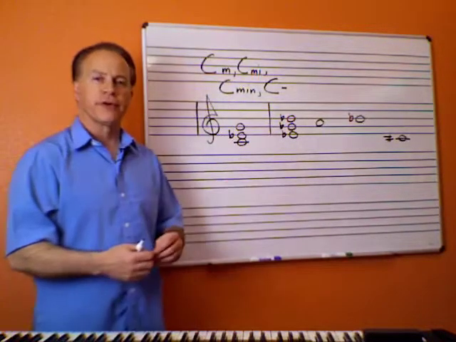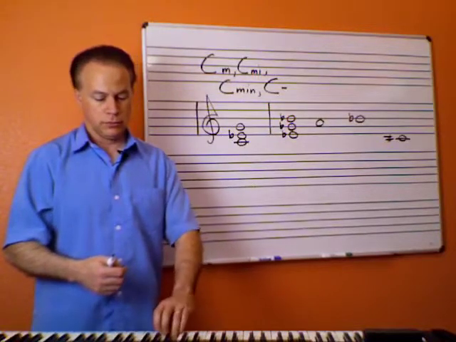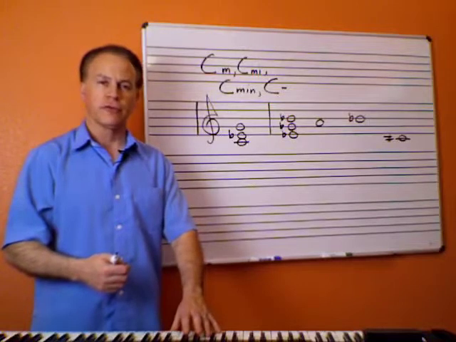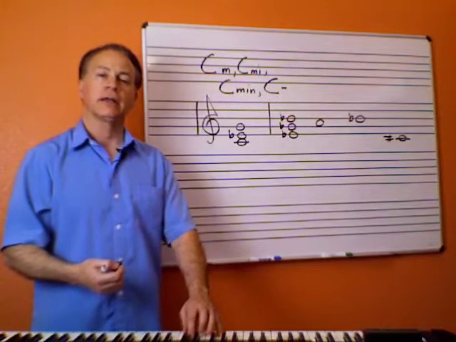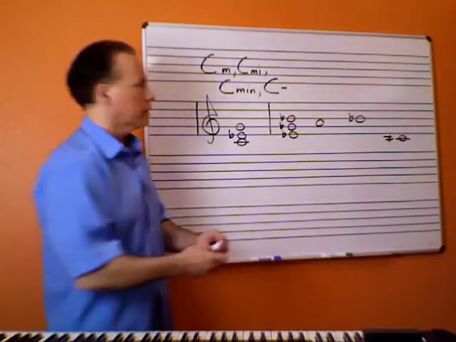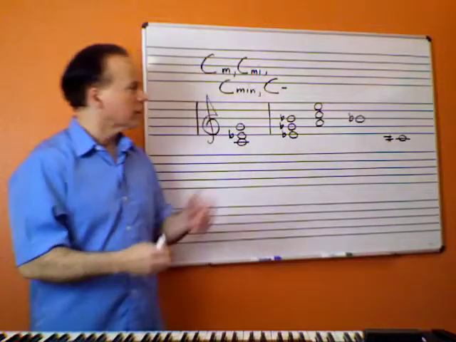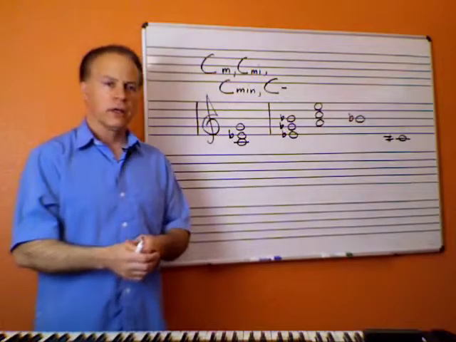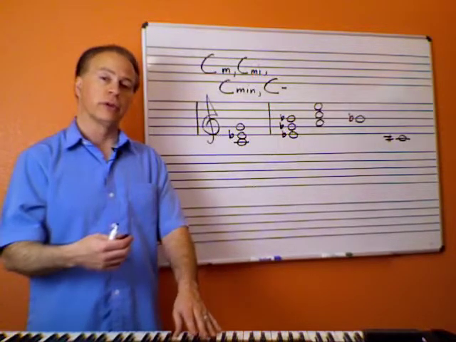Well, let's try a different way. How about 1, 3, 5 of an A minor scale? Well, the first, third, and fifth note of the A minor scale are A, C, and E. So we'd have those 3 notes, A, C, and E. The next one, how about building this one a different way? Perfect fifth on the outside and a minor third in the middle.